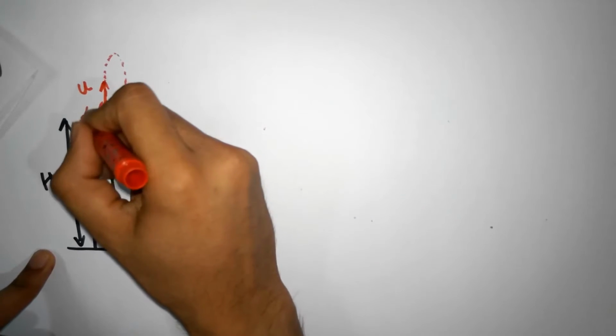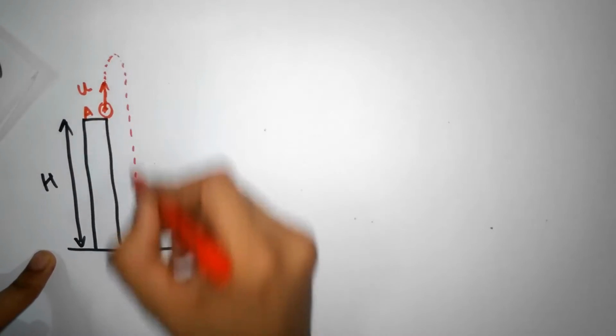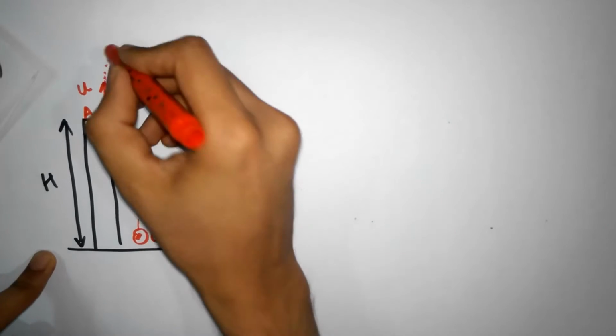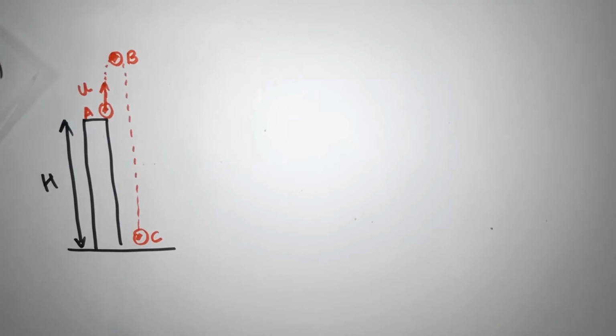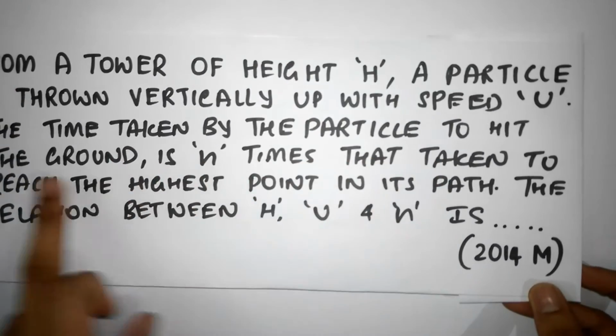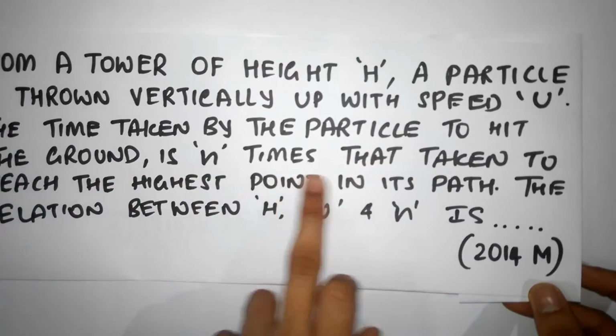Now let's give some names. Let's call this A. Let's call this C because I'm interested in this point as well, and that is B. What is given is that the time taken by the particle to hit the ground is n times that taken to reach the highest point.